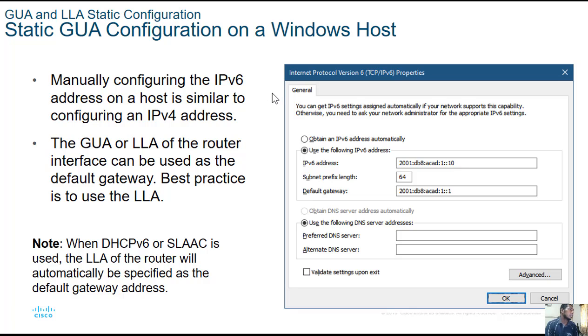So the GUA or LLA of the router interface can be used as a default gateway, but best practice is to always use the LLA. Now, do note that this is something we will cover extensively in CCNA 2, but when DHCPv6 or SLAAC is used, normally the LLA of the router will be automatically specified as the default gateway address.